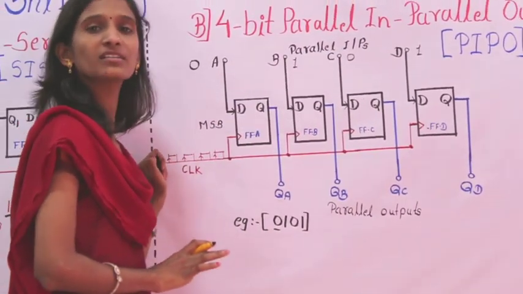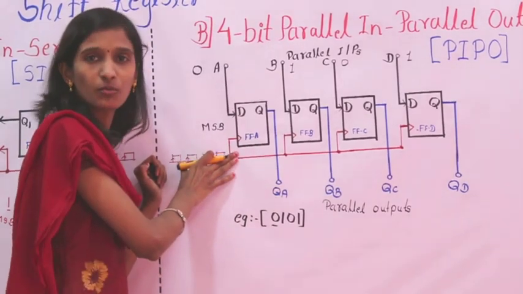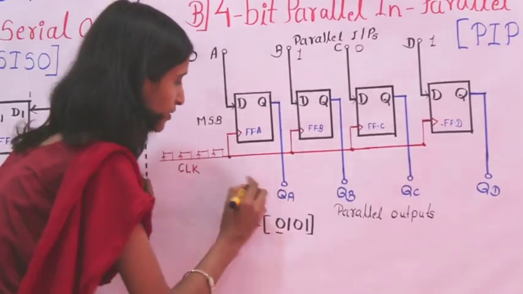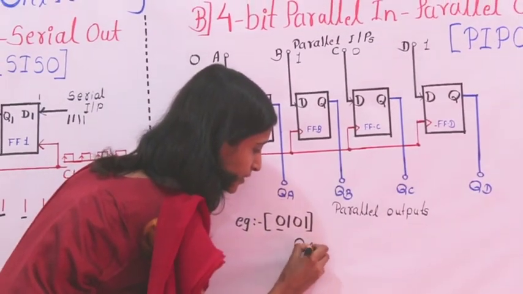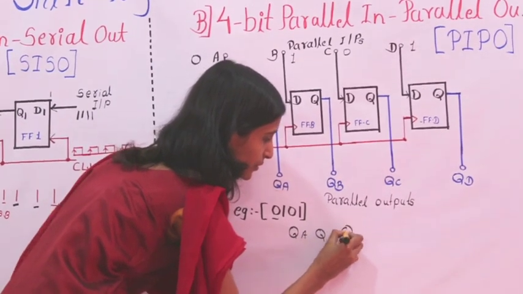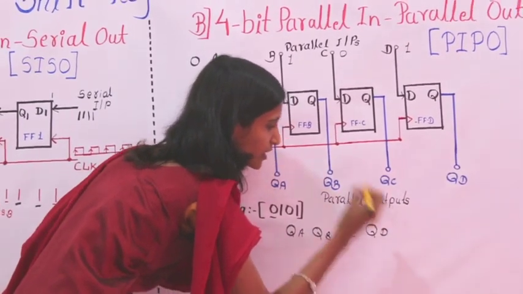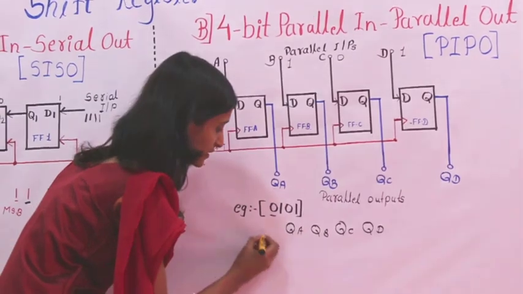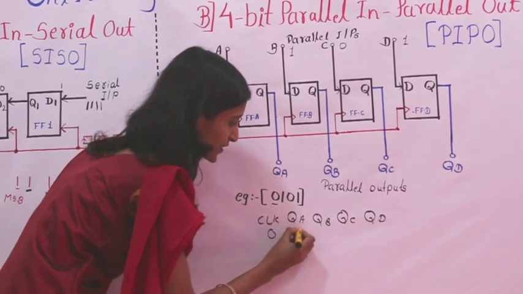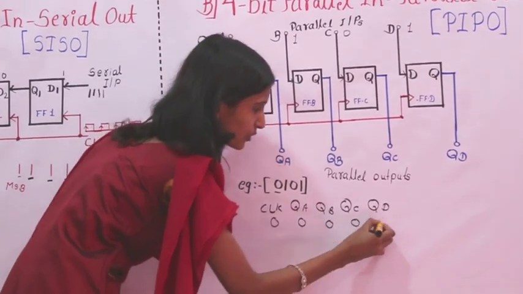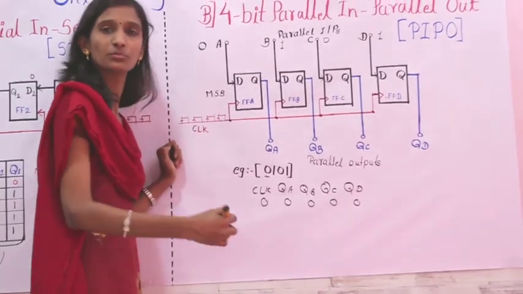Previously, if I am not giving a clock pulse, what will be the output at QA, QB, QC and QD? If the clock is absent, it will be 0, 0, 0 and 0, though the input is given.